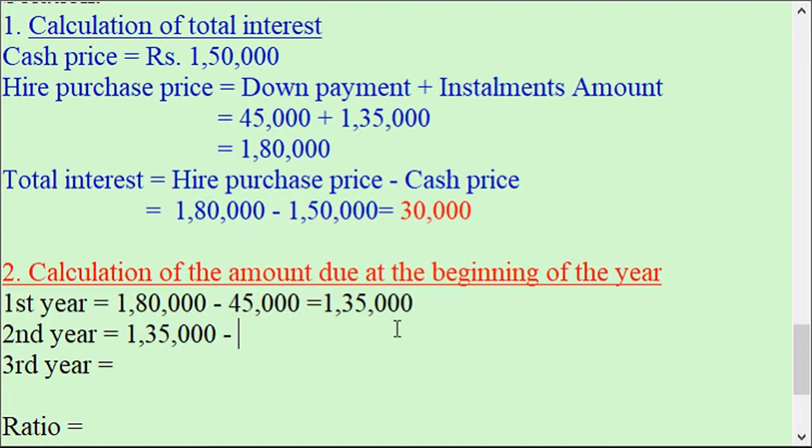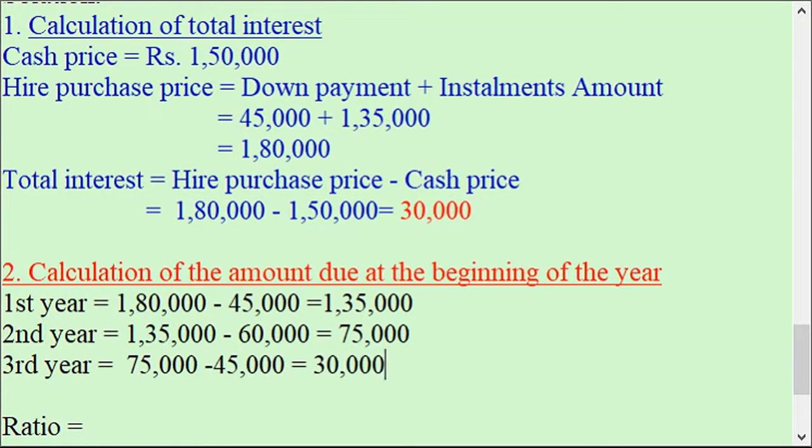First year I have made payment of first installment 60,000. So it's 75,000. Third year beginning means second year is over and second year installment I have paid. Second year installment is 45,000. So amount due is 30,000.